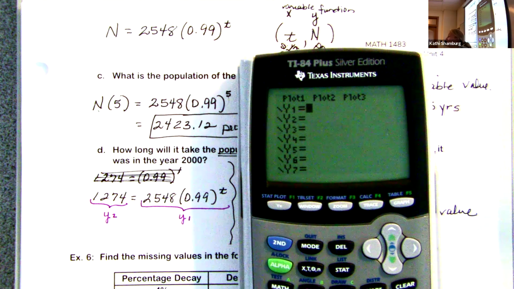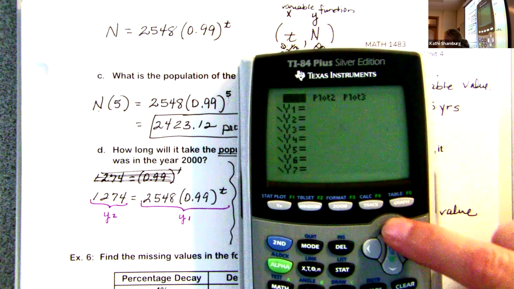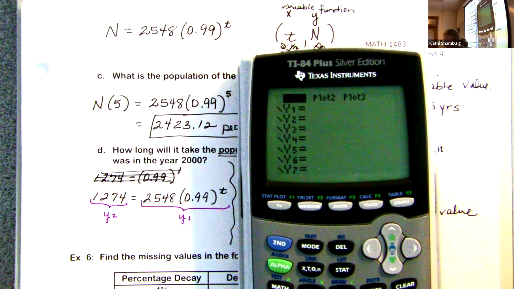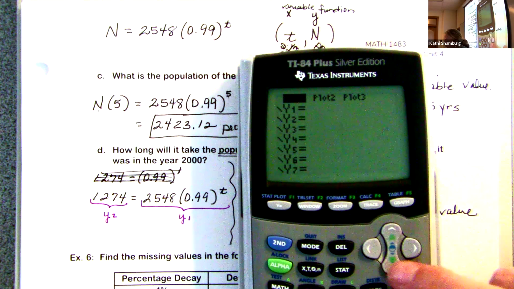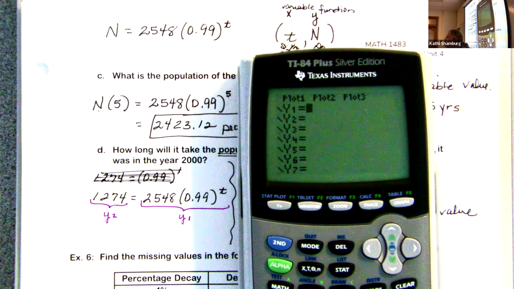If you don't have any lists entered, it won't affect it. If you do have lists entered, it will. So if yours looks like this, that means your plot is on. So you can go up to it, hit enter, and you can turn the plot off, so it won't mess with this.